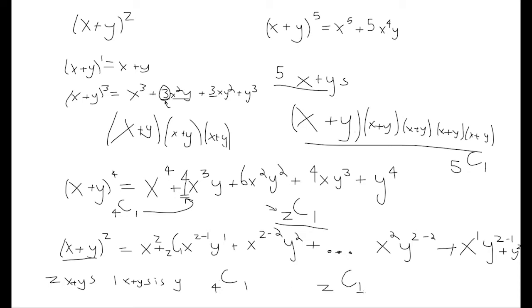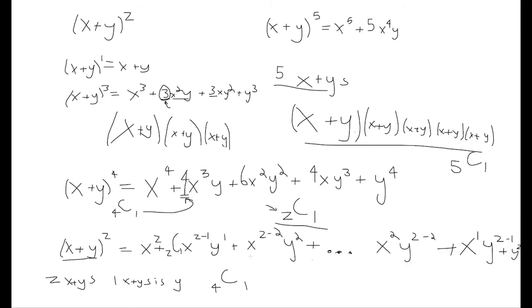Because we know we're always going to be choosing one of them to be y, right? And we know that we're picking it out from z amount of x plus y's, right? Depending on whatever the exponent is. So that's how we generalize it. We say that it is z choose 1 in this case.